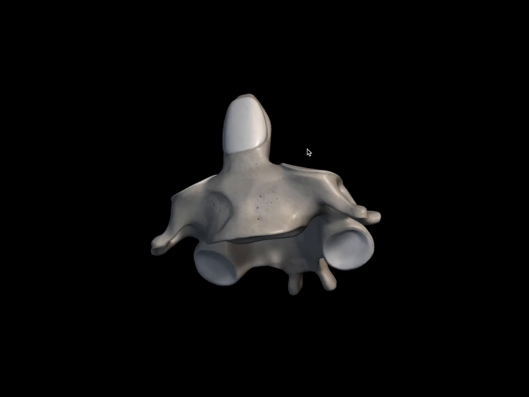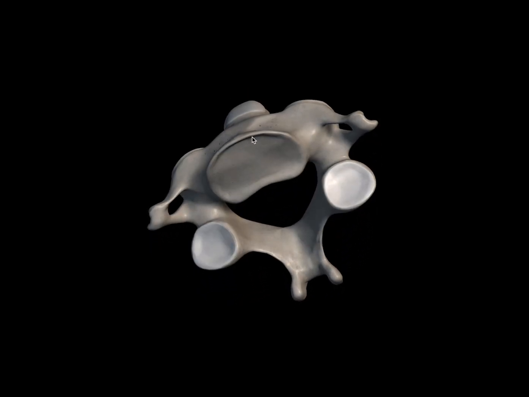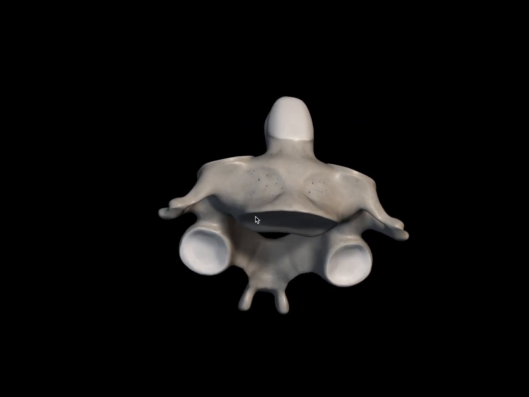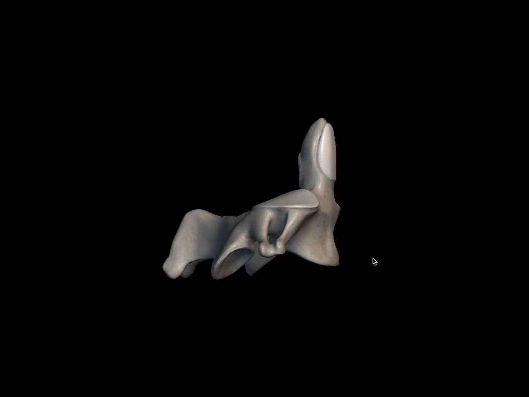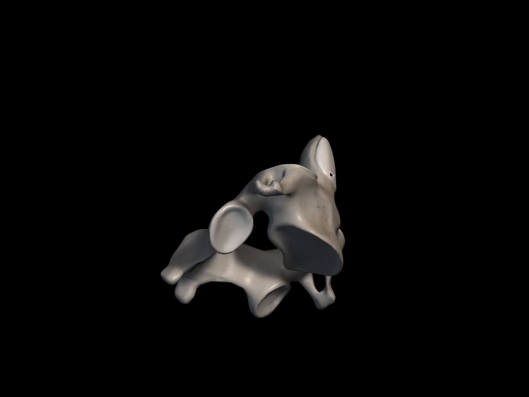The inferior surface of the body has a prominent anterior margin which is projecting downwards.